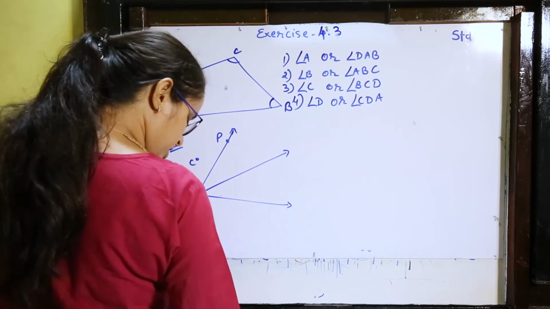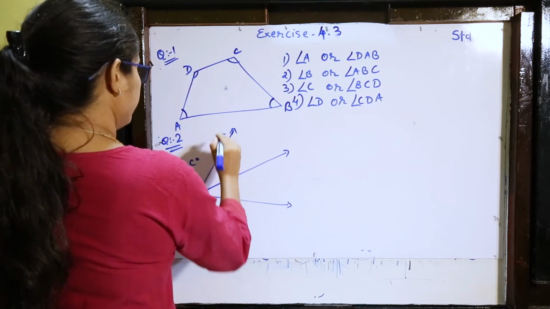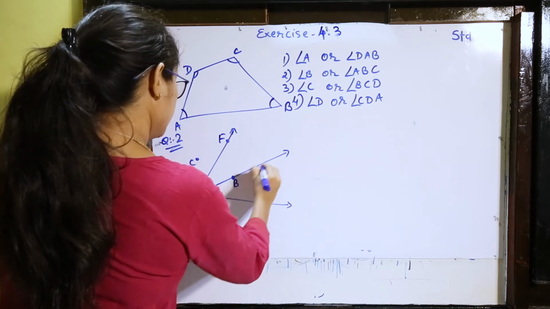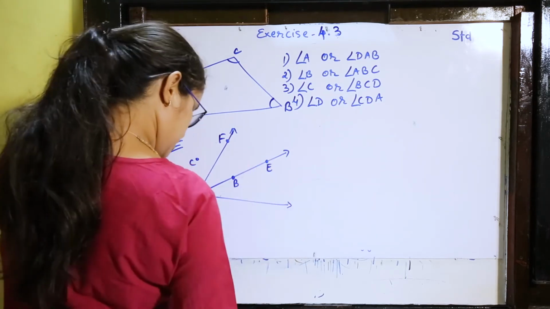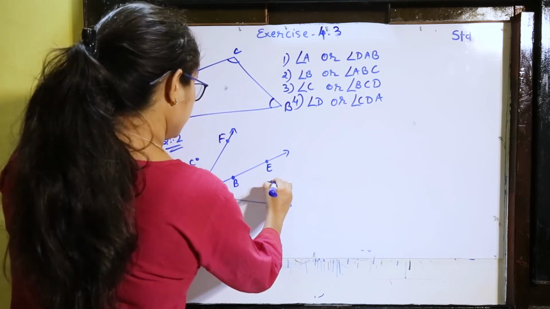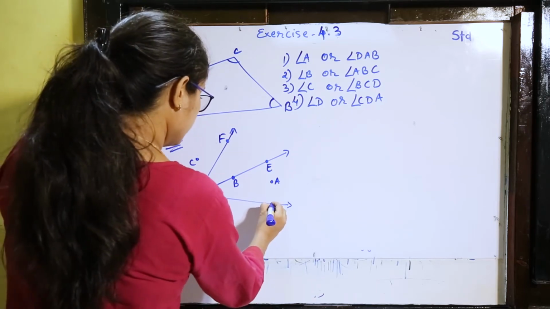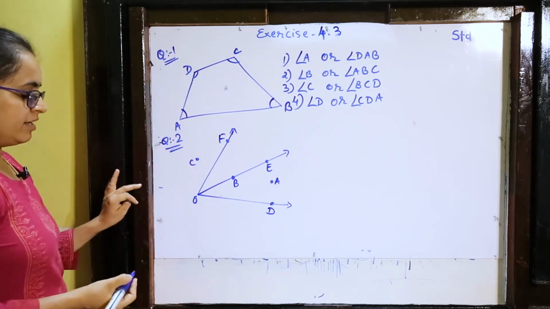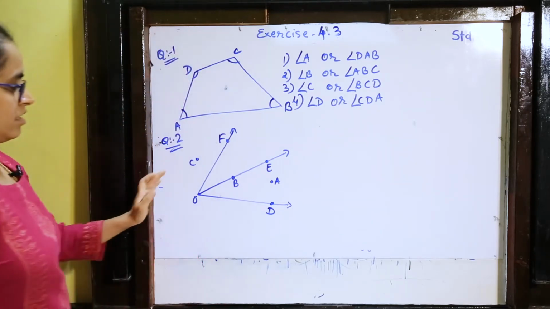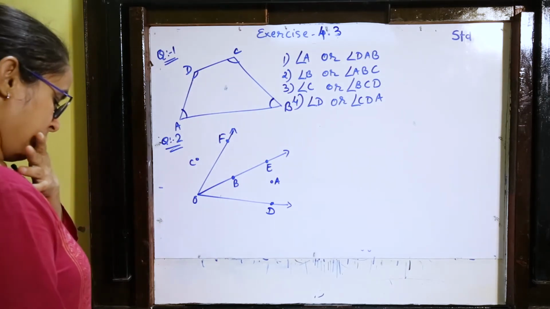Sorry, it is F. This is B, this is E, then there is A, and the last one is point D here. So this is the figure. Please draw the figure in your notebook, and then we will move on to the question.